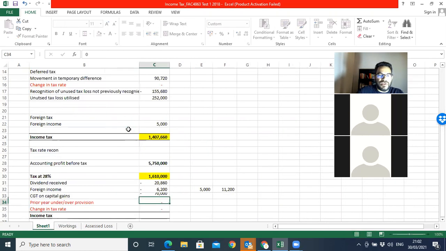There's the 70,000, but we can't have that 70,000. It's going to be 70,000 times 28%. So then it is the 19,600. So when we add up everything, we should get to something. So I have one last thing.